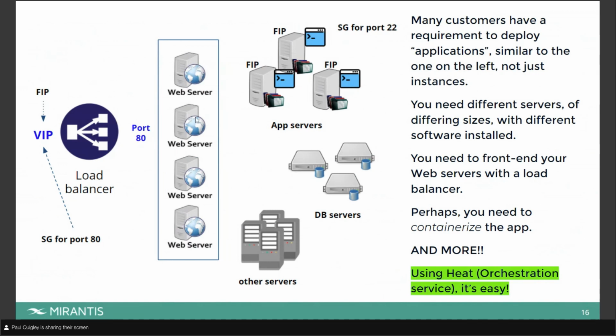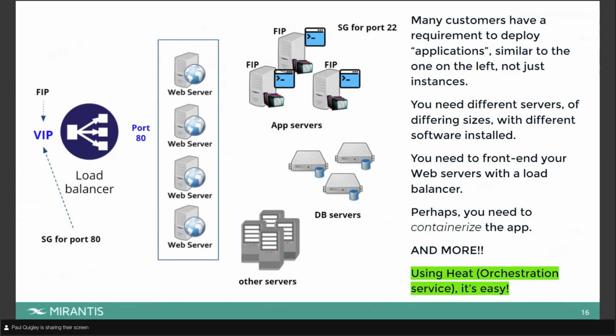Got my web server, my app server where my app code is running. I may have that running on 3 different servers, database servers, other servers. So I'm deploying an application, not just an instance, an entire application where I can also add in auto scaling, so that if my web servers get overloaded, I can add another web server and do it automatically.